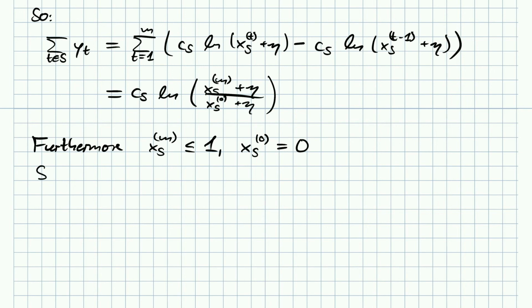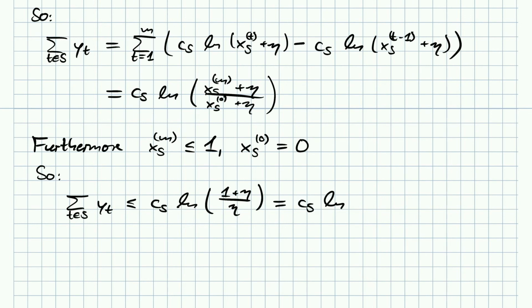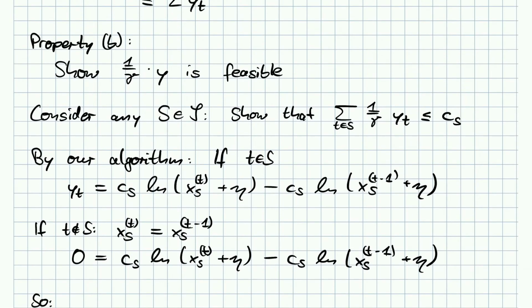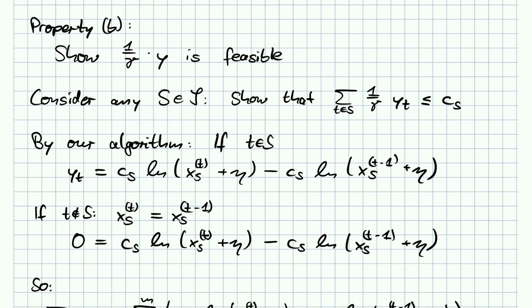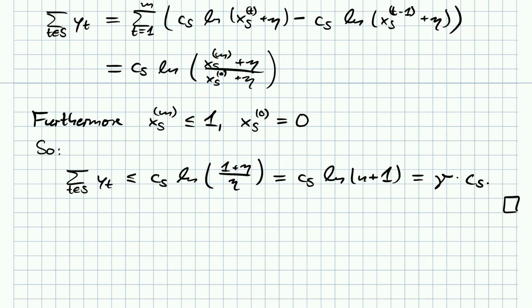So the sum of these yt over t in S is no more than cs times ln of (1 plus eta) divided by eta, and this is cs times ln n plus 1 by the definition of eta. And this is exactly gamma times cs. And this is, I think, what we claimed before. Yes, this is what we claimed right here. If you multiply this inequality by gamma, then this is exactly what we came up with here.